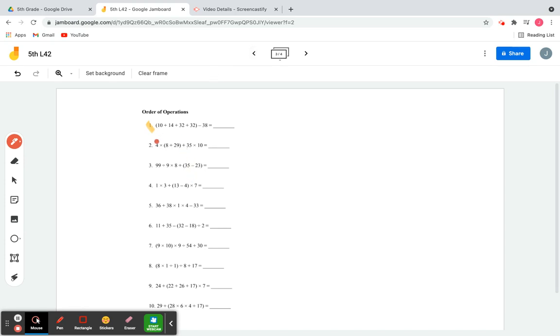When we look at this problem, we have parentheses here and then minus 38. So according to PEMDAS, we're going to add the numbers in the parentheses first, and then we're going to subtract. So 10 plus 14 is 24, and then we have 32. So this is 56, and then we have one more 32.